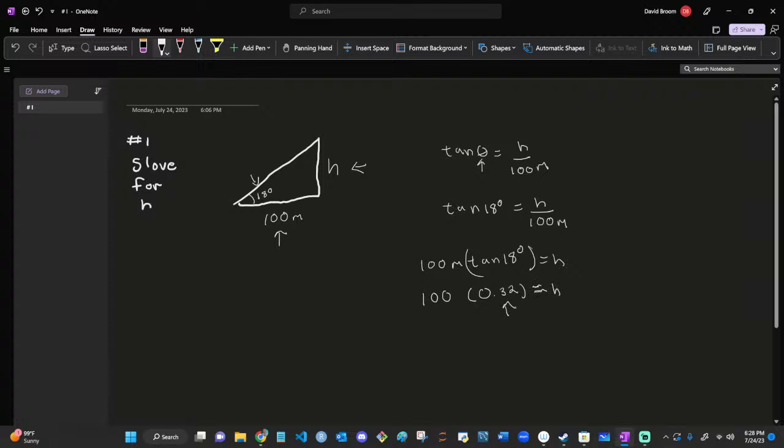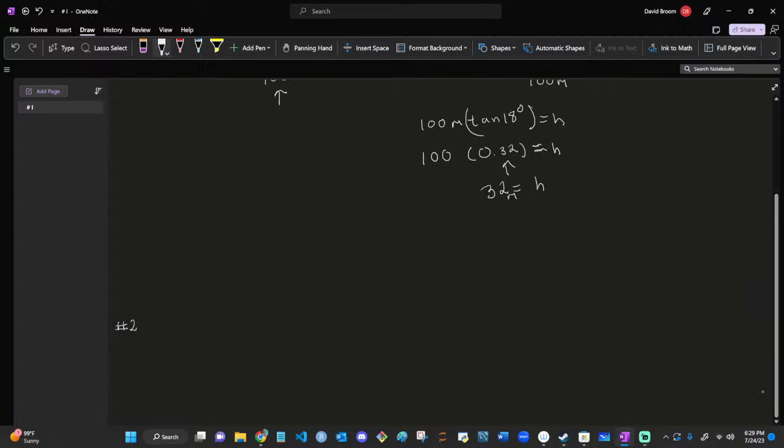Yeah, this is an estimate right here. So our h ends up being about 32. I guess it would be meters, that's what they gave us right here. So yeah, that's h. Let me go down. I'm going to find another trig problem and see if we can solve it.